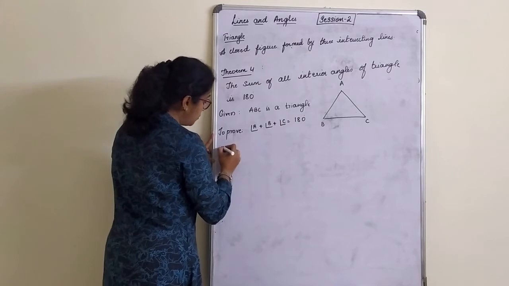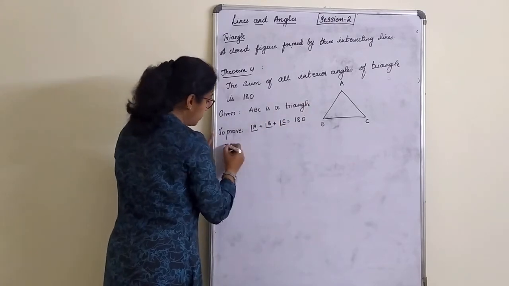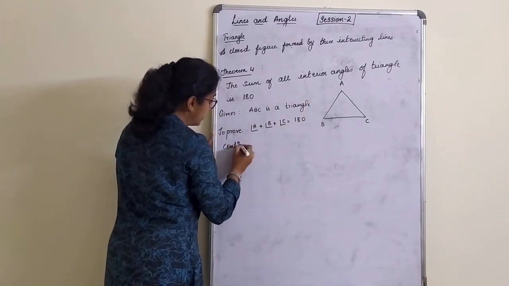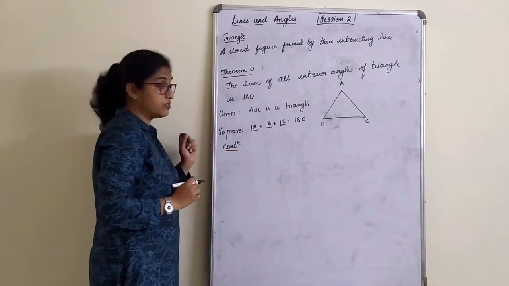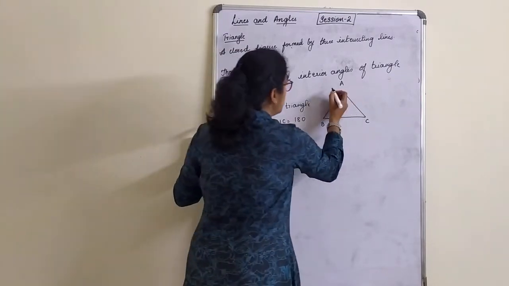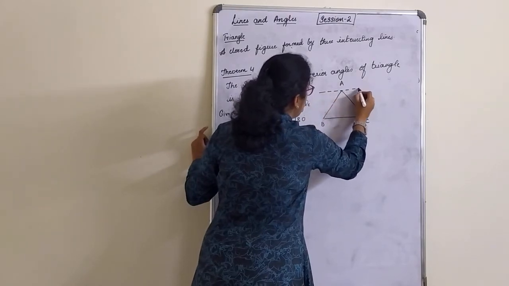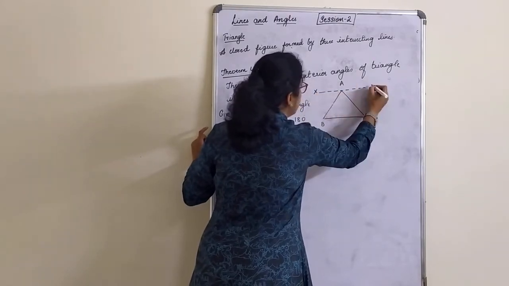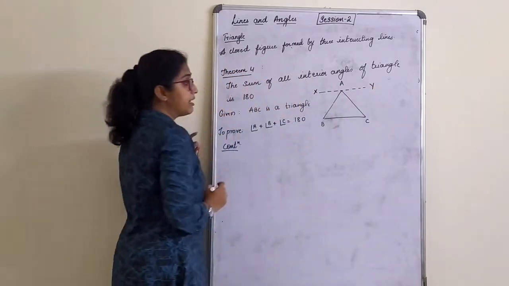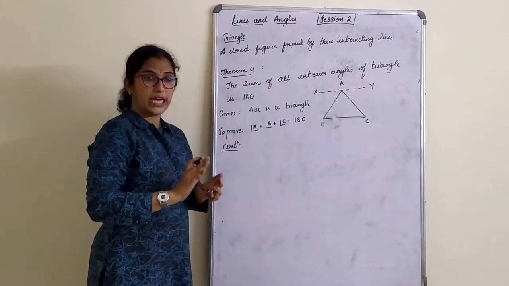Before we start with the proof, we cannot prove this theorem with only the given data. We have to have some construction. So what is the construction? Draw a line parallel to BC passing through A. Draw a line XY parallel to BC passing through A. That's all.